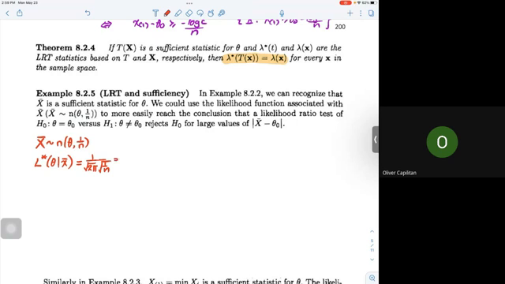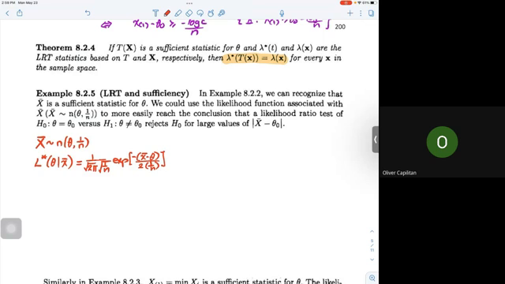And then we have here the exponential function of the negative of the sample mean minus theta divided by 2 sigma square. Pero ano yung sigma square natin? 1 over n. It is based on our statistic.